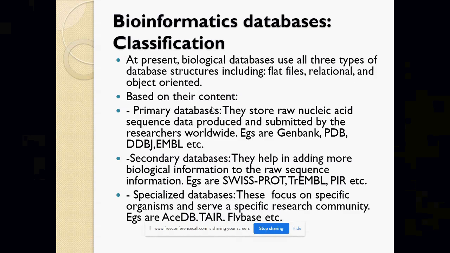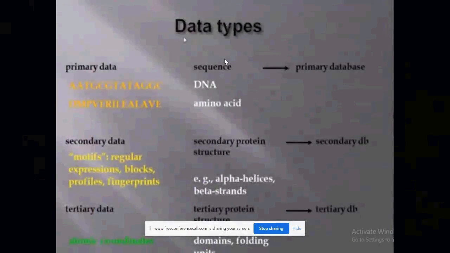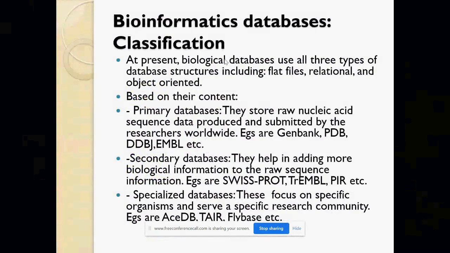Of course, we will see the formats in which this biological information is stored, but before that we will know which databases use which type of content. So a primary database, as I told, uses primary data, which is basically raw sequences in the form of DNA and amino acids for proteins.